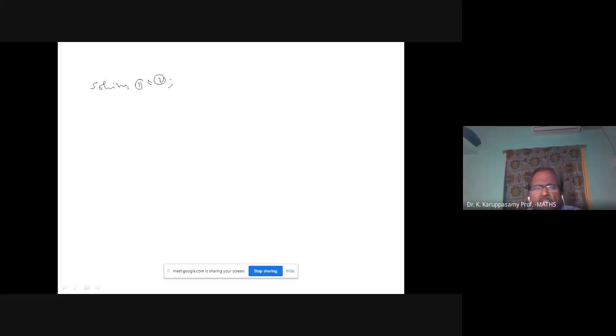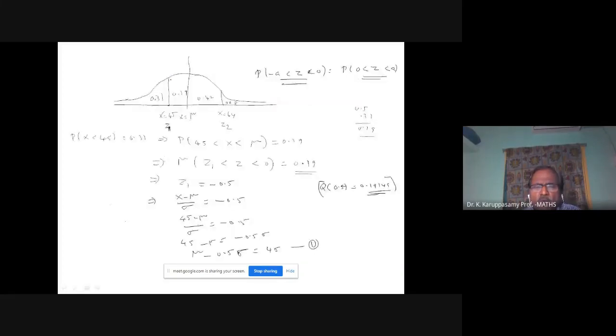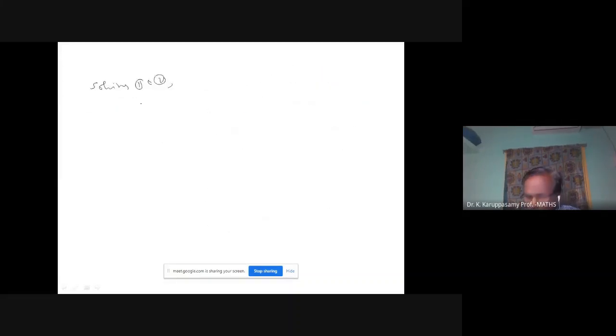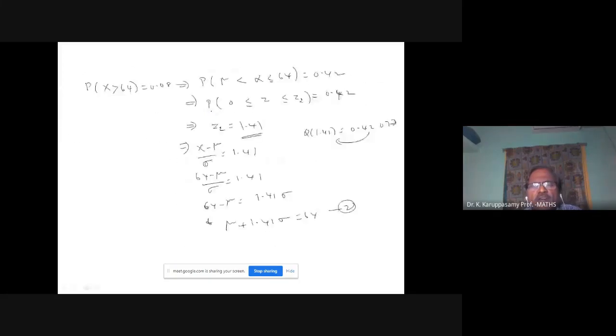In both equations, the first term is mu; in one it is mu plus 1.41 sigma and in the previous equation it is mu minus 0.5 sigma. So we can subtract. Equation 2: mu plus 1.41 sigma is equal to 64. Equation 1: mu minus 0.5 sigma is equal to 45.